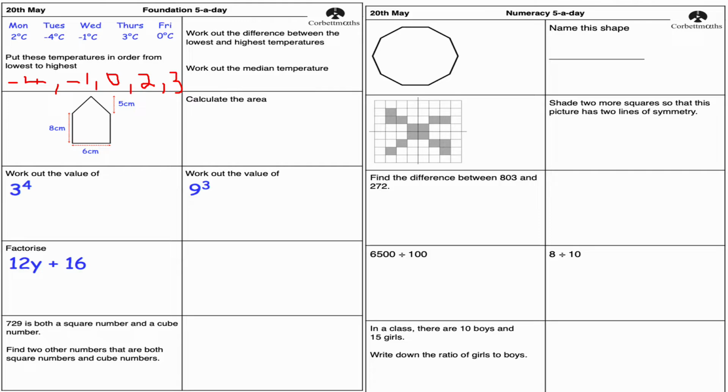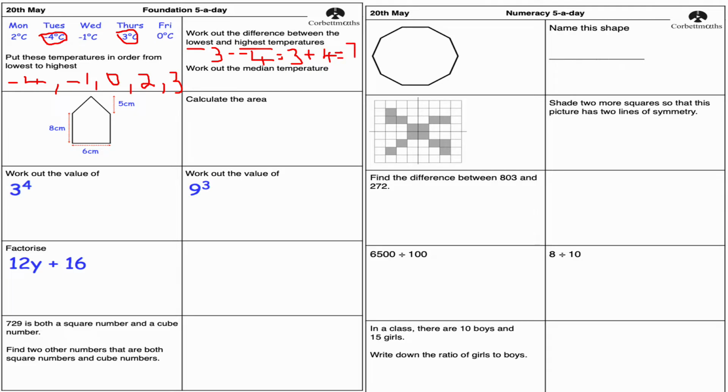If we're going to the left, it's more negative. Next one. Work out the difference between the lowest and the highest temperature. So lowest is -4, the highest is 3 degrees. So I have to do 3 take away -4. I'm doing the largest take away the smallest. The two minus signs become a positive, so 3 plus 4, which is 7.